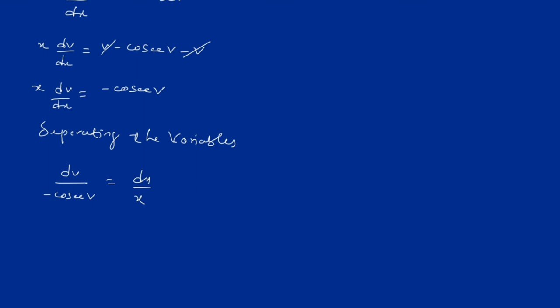So now integrating, we get the integration of minus, keeping it outside, dv upon cosec v, equals dx upon x, right?